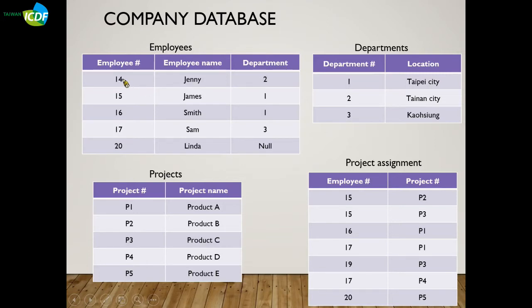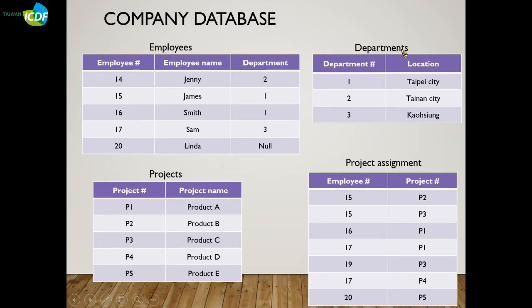It records these employees and their names and which department she or he works in. So these tuples reveal the fact that employee 14, her name is Janice, works in department 2.